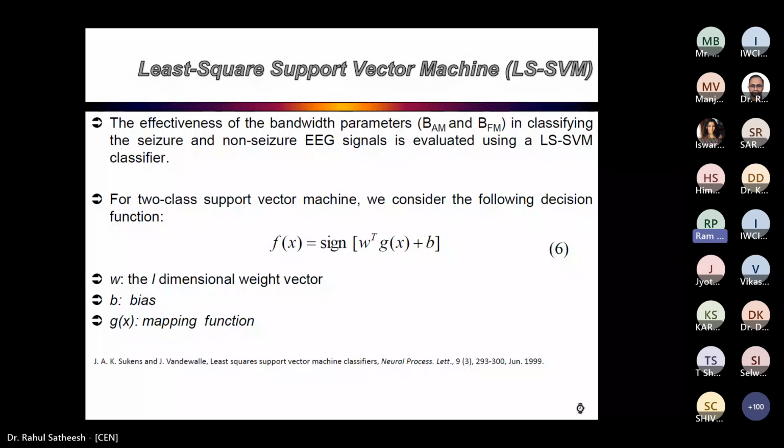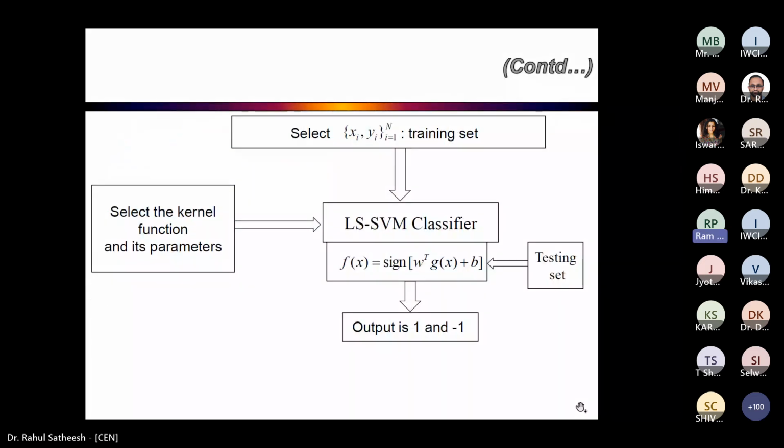Next. This is a very simple block diagram of the least square support vector machine based classifier. You take the set of features and select some features for training purposes. Then you train the classifier together with the kernel function parameters.